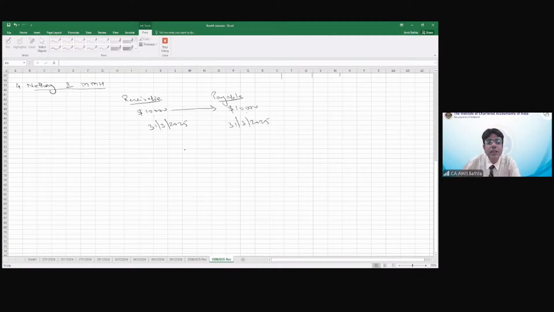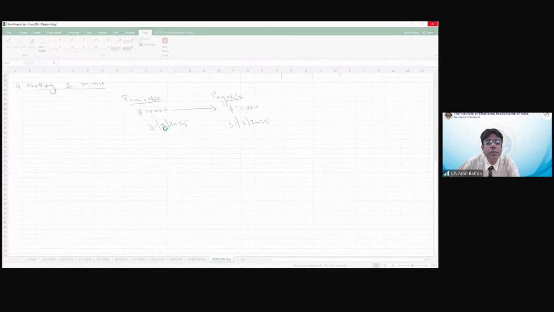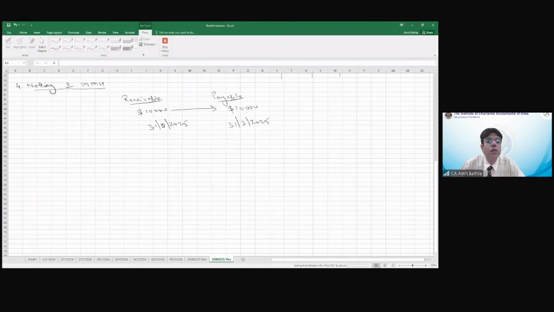So that means what happens, say for example, if I have a receivable which is going to happen on 30th September instead of 31st March, then what happens? How do I essentially bridge the gap in that case?